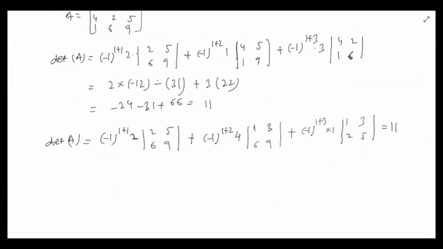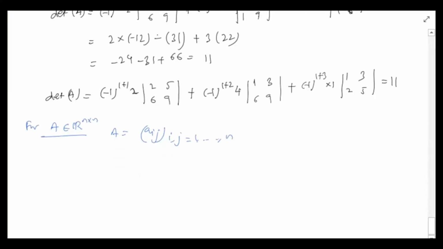Now let's take this idea forward and consider n by n matrices. For A in R^(n cross n), that is A has entries Aij, where i and j both are ranging from 1 to n, I can determine determinant of A by expanding along any of the rows or any of the columns.